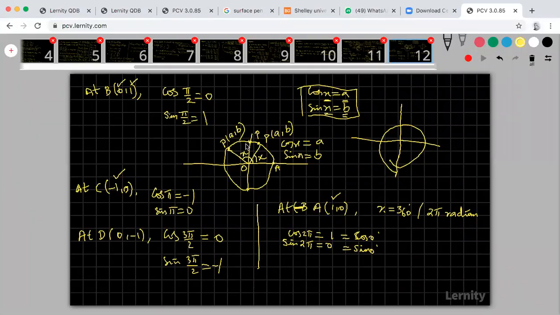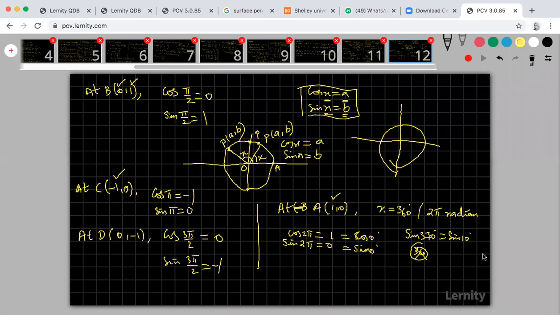Suppose you take 370 degrees, you will get, look at that, sine 370 is equal to sine 10. Because 360 is one complete revolution. After one complete revolution, again the same 0 degree, 10 degree are repeating.